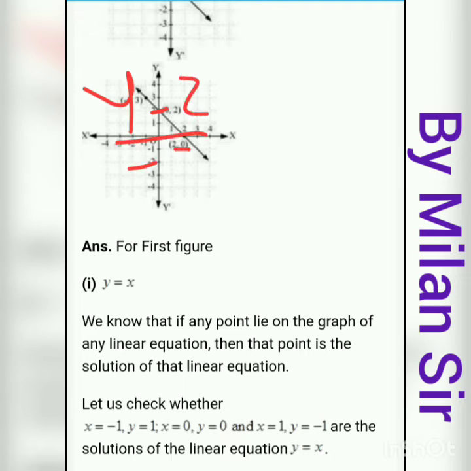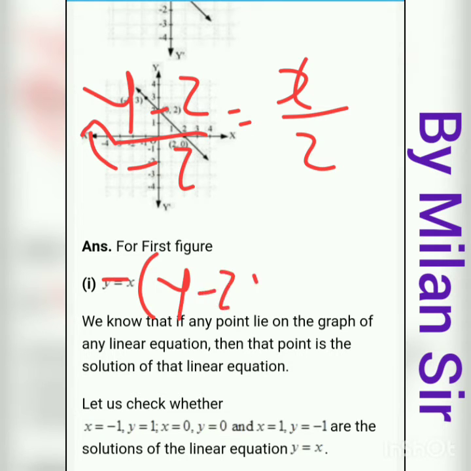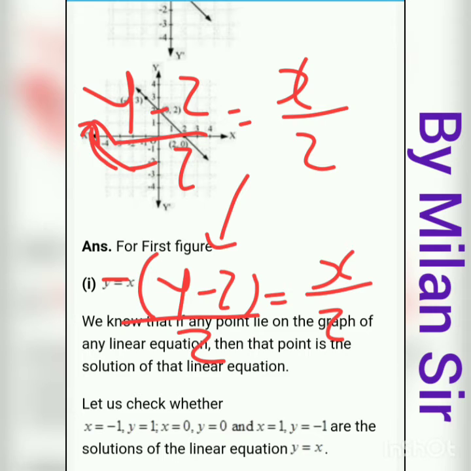Now we can transfer this sign to the numerator. So in numerator we can put the bracket here. Now in denominator we have 2, here we have x by 2. I just transfer this negative sign to the numerator, we can transfer it. So negative sign in bracket y minus 2 divided by 2 is equals to x by 2.